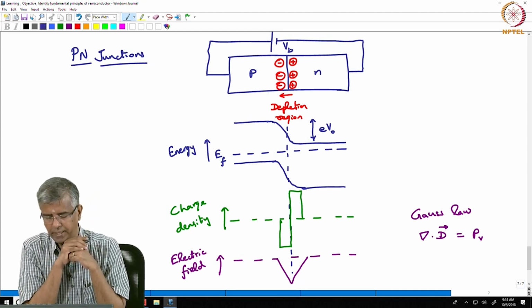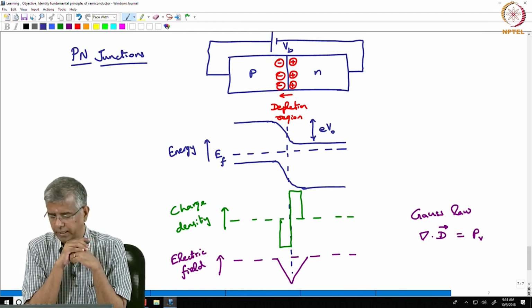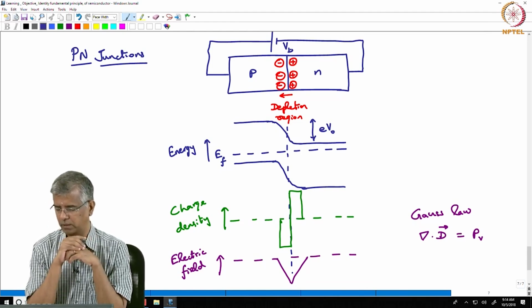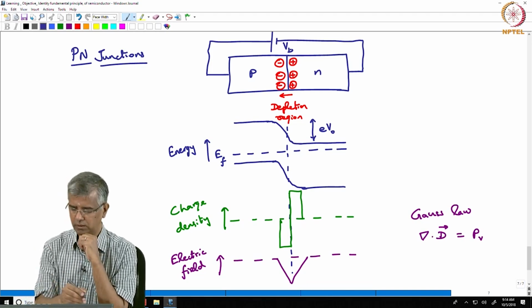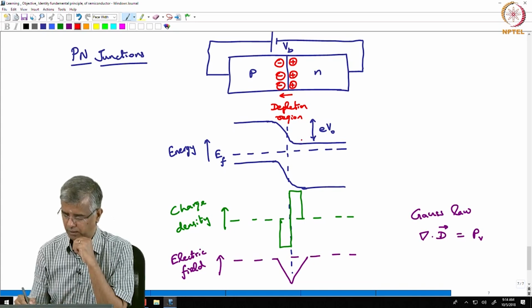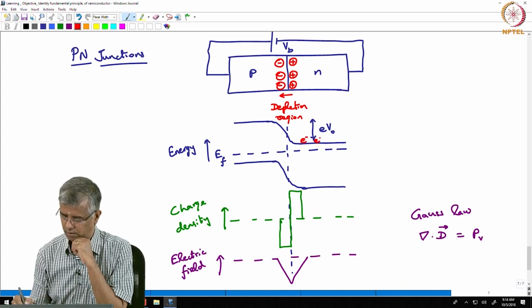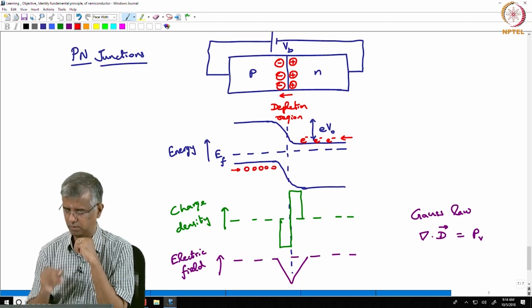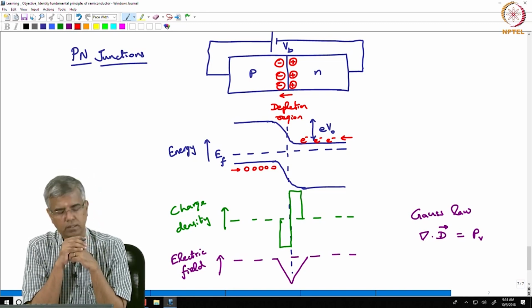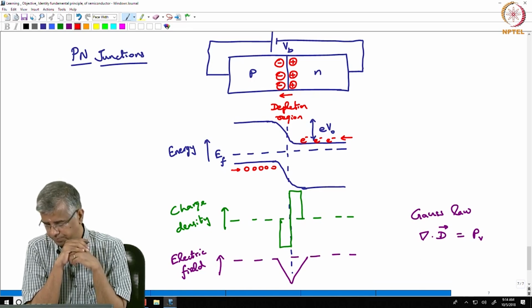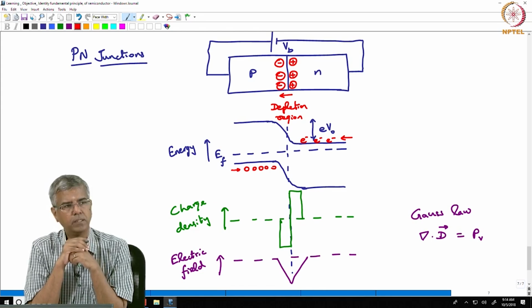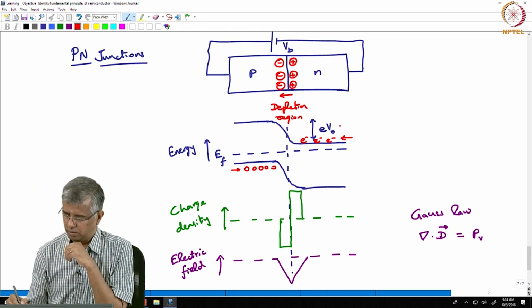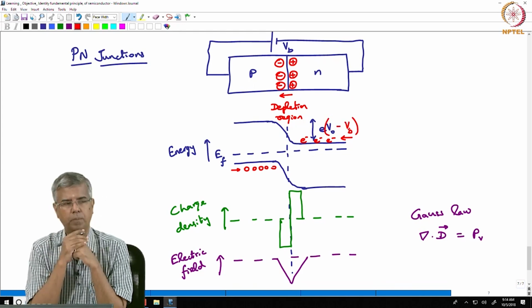So, when you apply that positive bias, it essentially means that you are injecting carriers. So, you are injecting electrons from this side, and you are injecting holes from this side. Okay. So, what that ends up doing is it ends up reducing that potential barrier.